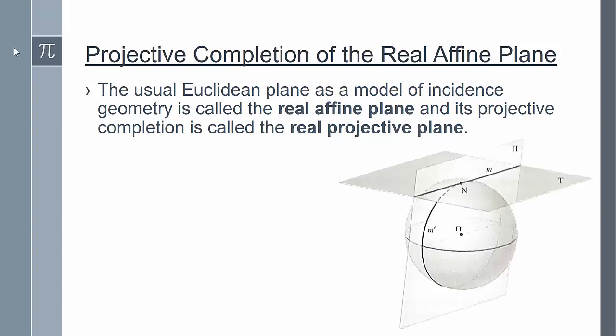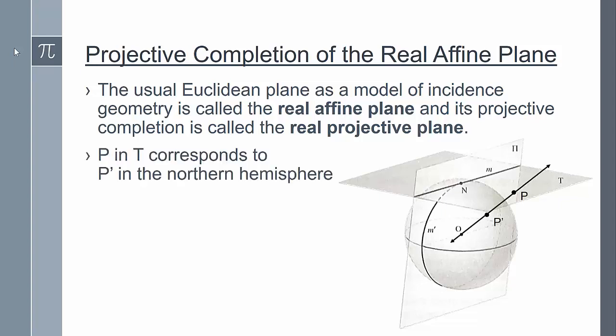To do that, let's think of the Euclidean plane as this horizontal plane T. We take the Euclidean plane T and make it tangent to a sphere centered at the point O and tangent at its north pole. We're going to call that point the north pole N. Then this will help us visualize the real projective plane.